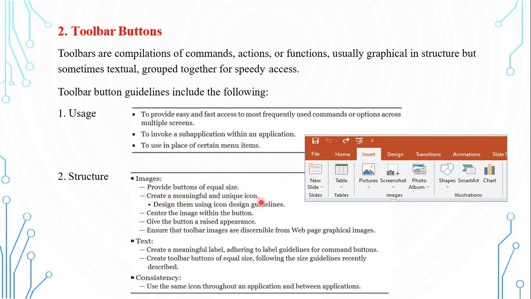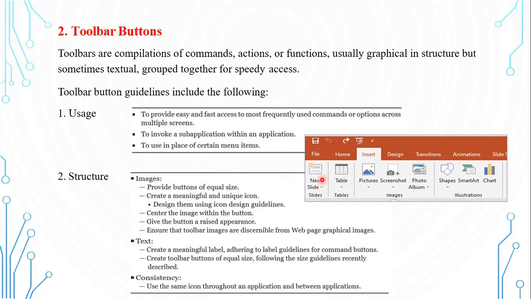Create a meaningful and unique icon, so the icons you have for the toolbar should be unique, and design them using icon design guidelines. You have separate icon design guidelines that have to be followed to design the icon. And center the image within the button.